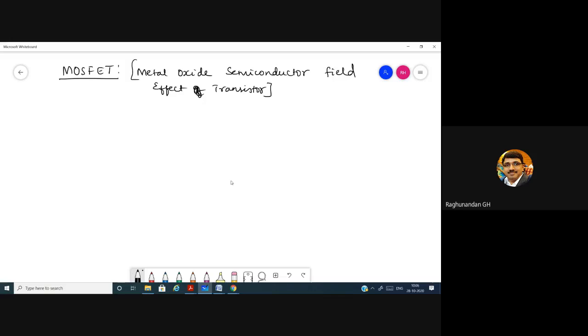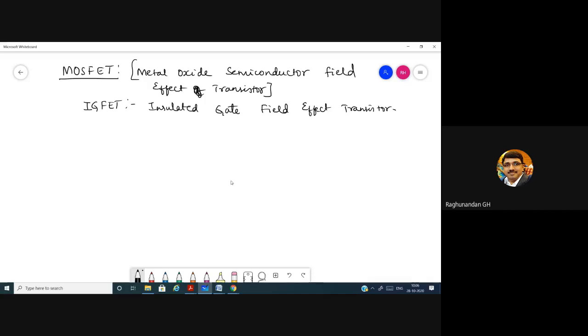This is also sometimes called IGFET, insulated gate field effect transistor. So this is the full form of MOSFET or IGFET.